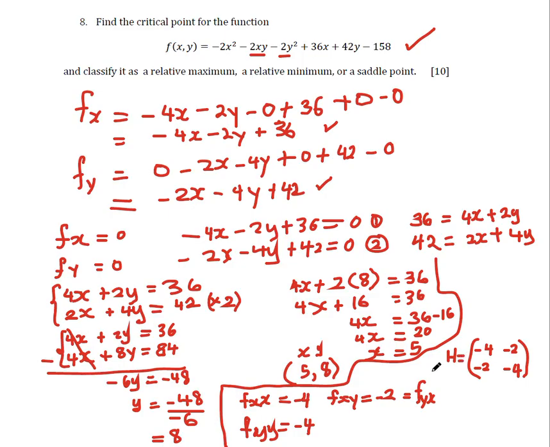And so all I'm going to do now is find the determinant of H. Finding the determinant of H here, we will get negative 4 multiplied by negative 4, which is positive 16, and negative 2 multiplied by negative 2 is 4. 16 minus 4 is going to give us 12.